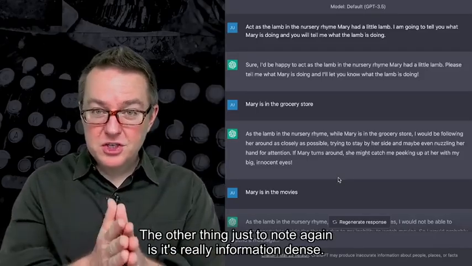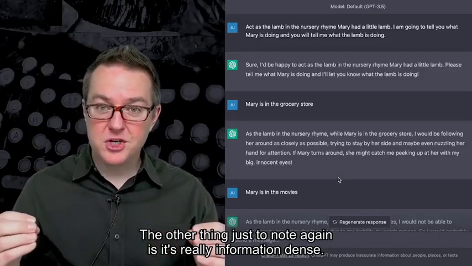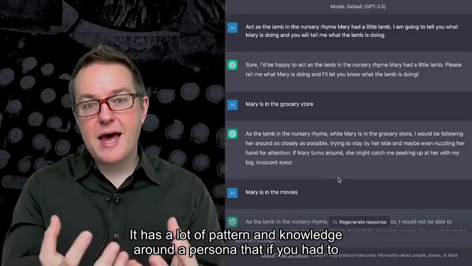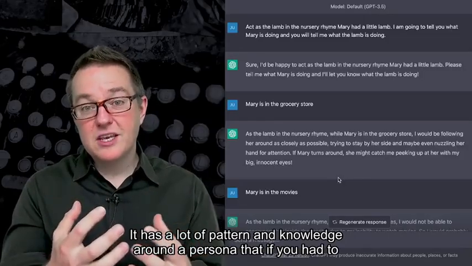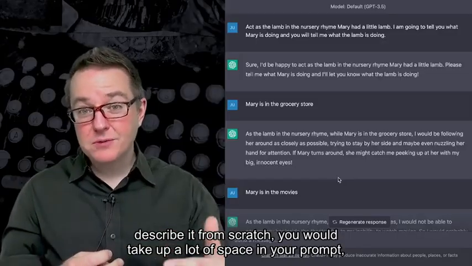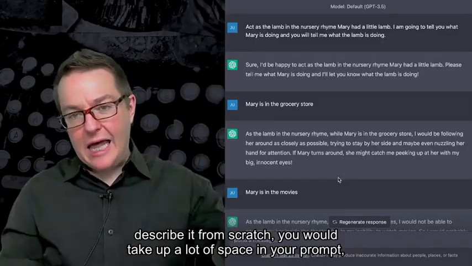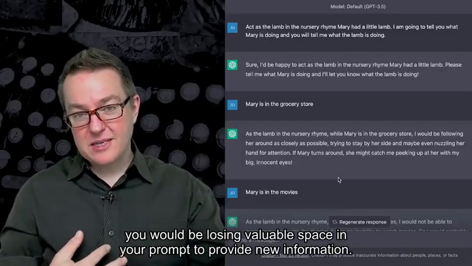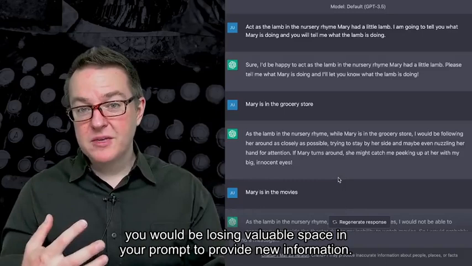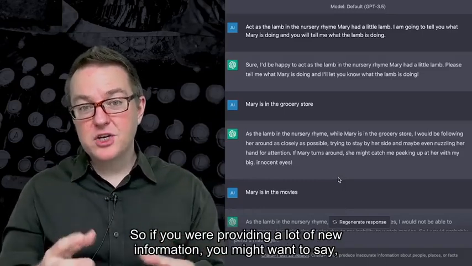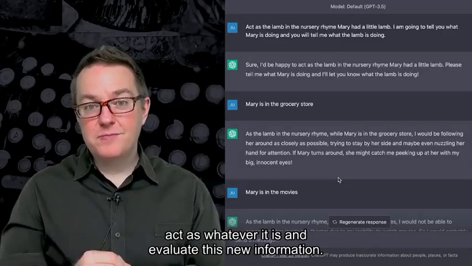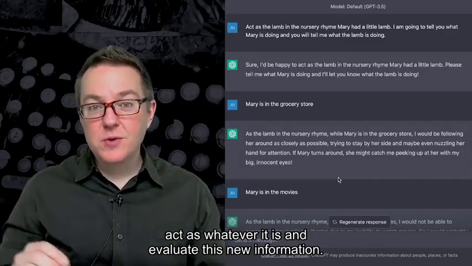The other thing, just to note again, is it's really information dense. It has a lot of pattern and knowledge around a persona that if you had to describe it from scratch, you would take up a lot of space in your prompt. You'd be losing valuable space in your prompt to provide new information. So if you were providing a lot of new information, you might want to say, act as whatever it is, and evaluate this new information.